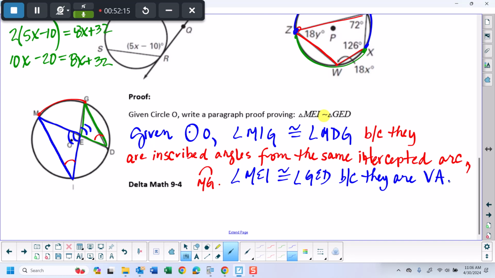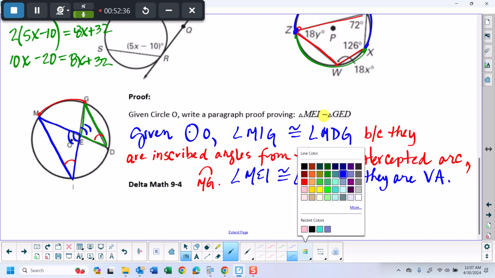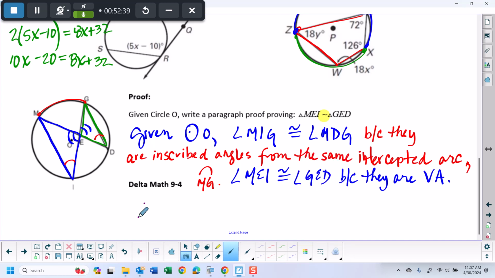Could I have talked about angles M and G? Could I have used inscribed angles from arc ID? Do I need to still do that? I can prove those angles congruent by either my third angle theorem or by intercepted arcs, but we all agree we don't need them. How come? Therefore, by angle similarity, triangle MEI is similar to triangle GED because they have two congruent angles. Pretty cool.